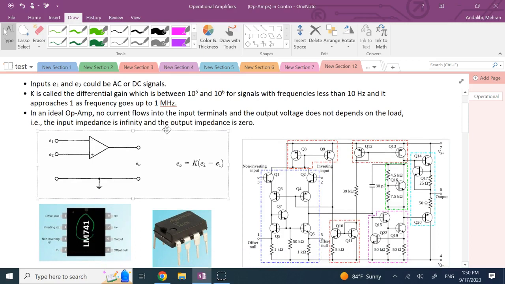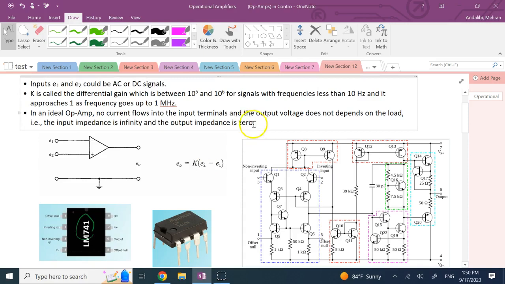So it typically has two inputs. This is a schematic diagram for an op-amp. It has two inputs, E1 and E2, and it has this output EO. The inputs or outputs could be AC or DC signals.